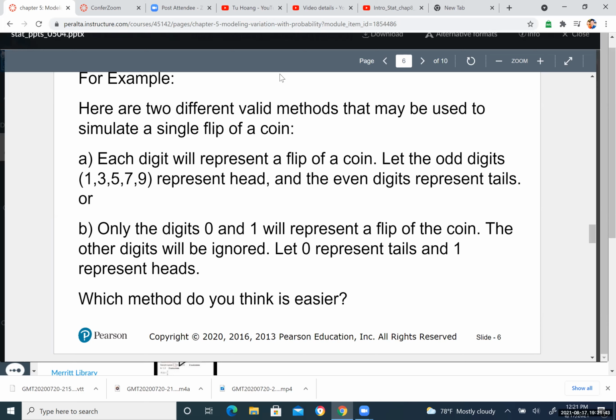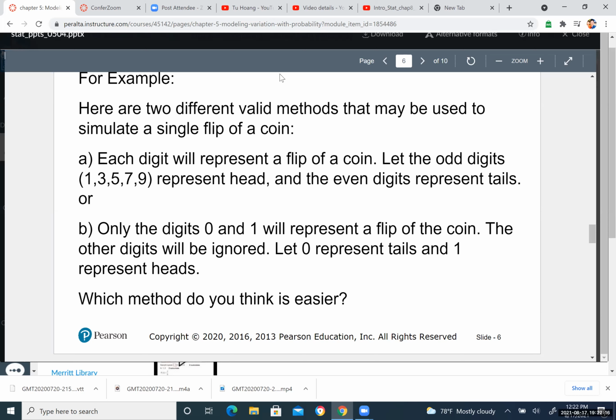They're using 0 and 1. Usually 0 and 1 are used in coding, and they can have different meanings. 0 can be fail or false; in this case they want 0 for tails. And 1 can represent true or success, and in this case it represents heads.